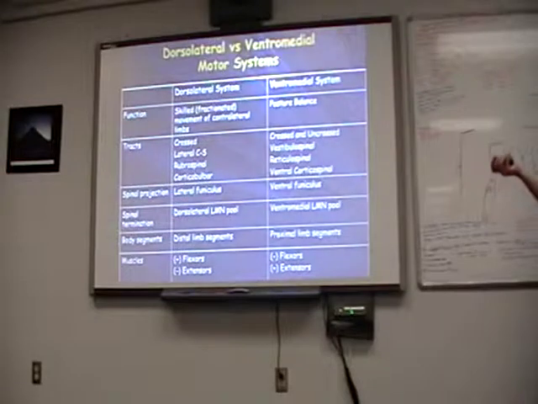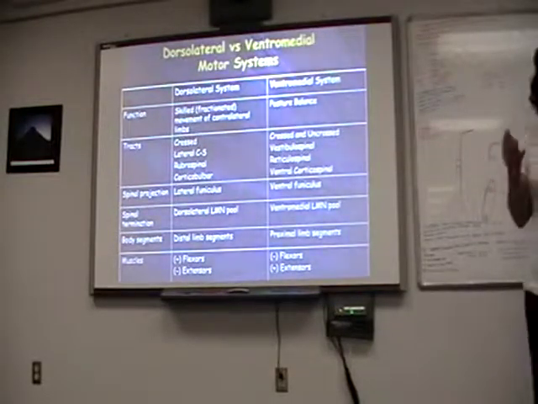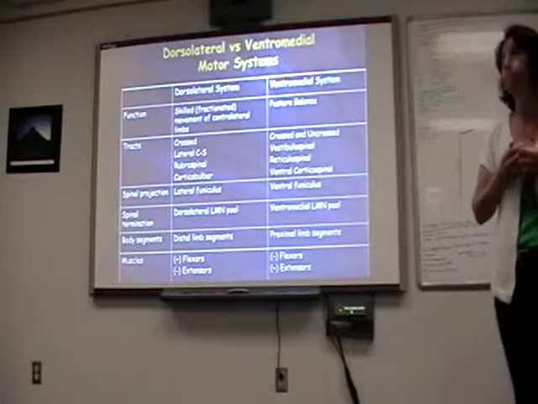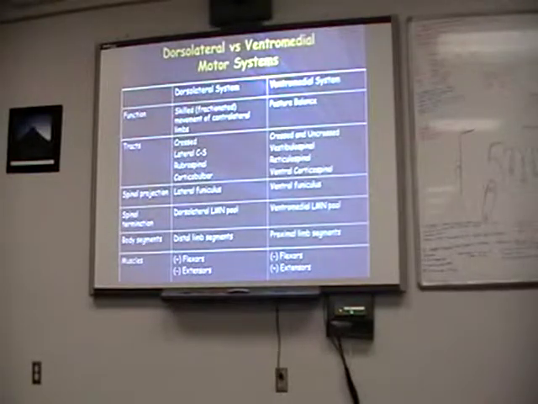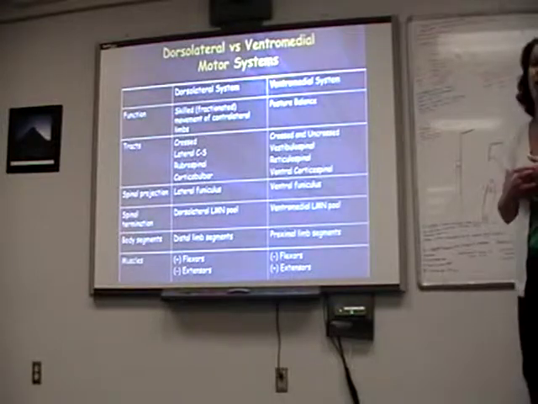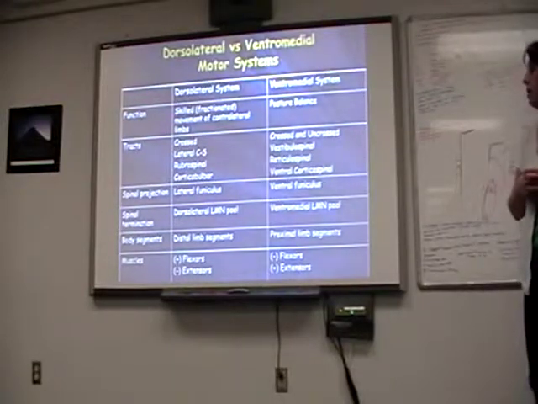The ventromedials are going to be crossed and uncrossed. Bottom line is we have a lot of bilateral activation. Where are they projecting? Through the lateral spinal cord for the dorsolateral and through the ventromedial spinal cord, hence the term, for the ventromedial pathway. So these are that ventral column, which we really haven't talked about yet.